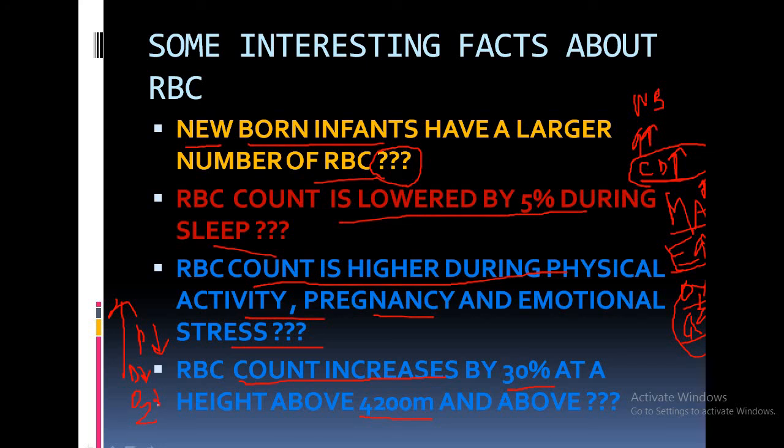That is why less oxygen is present in the air at that altitude. To fulfill that requirement of oxygen, the RBC count increases, and they come to the superficial parts of the body, just below the skin, so they can trap more oxygen for the process of respiration. That is why the RBC count increases by 30% at heights of 4200 meters and above.